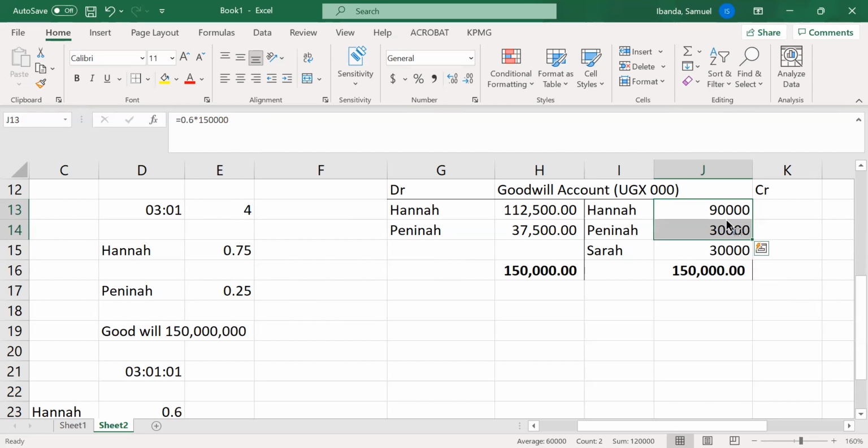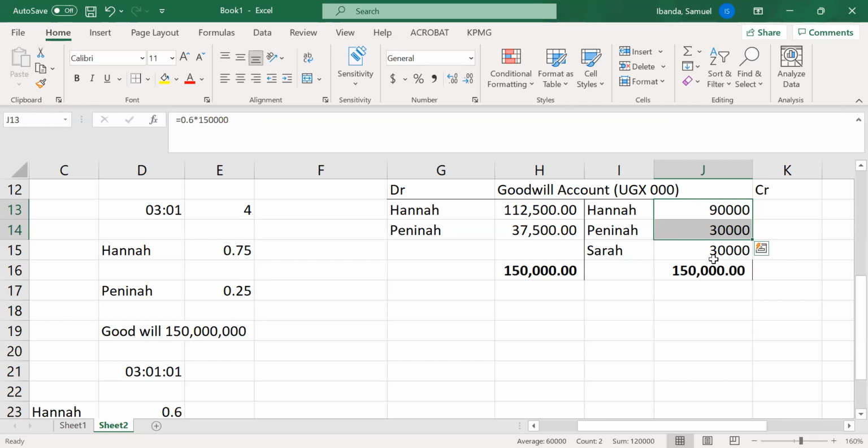Now, when it comes to the memorandum, like the way she has brought it up, in this case, we have seen that the partner has actually brought in an amount of money, because they have valued goodwill at how much? At 150 million. So in this case, you don't have any amount of goodwill, okay?